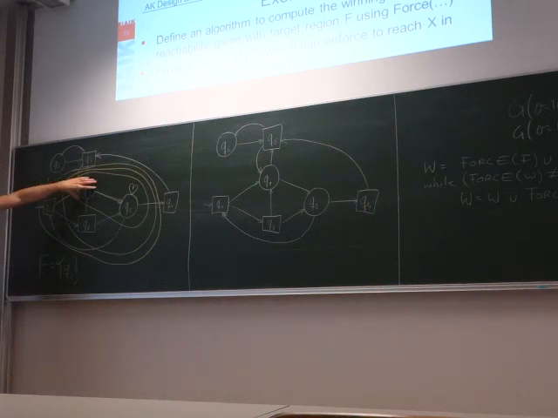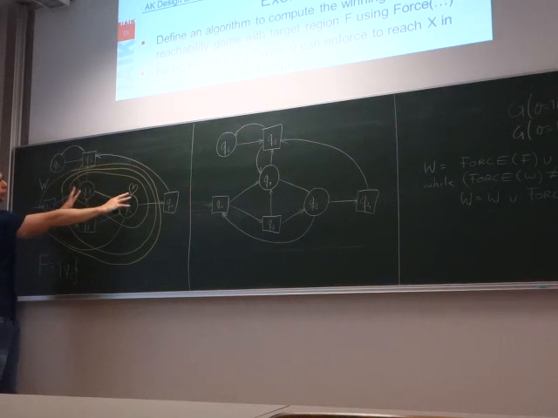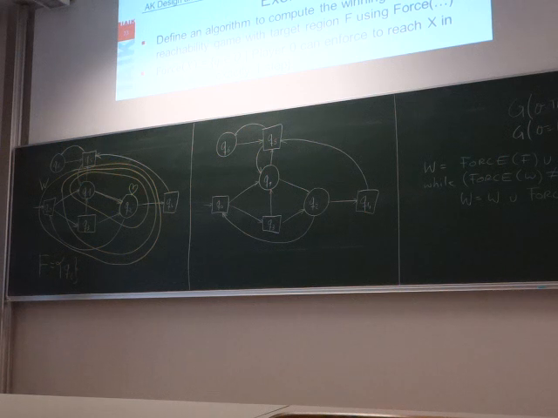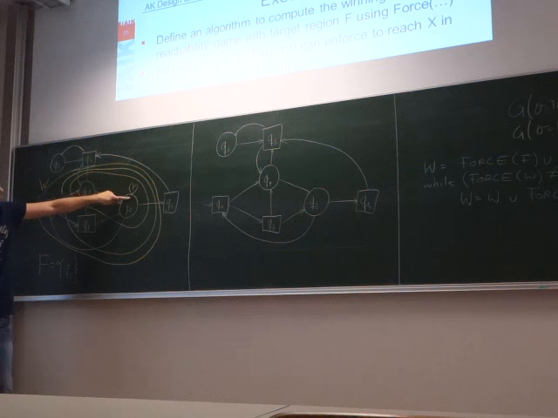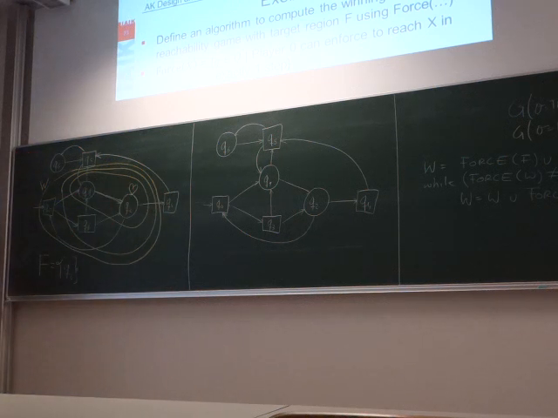And it also includes Q1 again, because from Q1 you can ensure that you end up in one of these three states. It does not include Q2, because from Q2 we will actually fall out. But still, force of W would give us 0, 1, 3. So previously we had 1, 2, 3. Union with 0, 1, 3 will give us 0, 1, 2, 3, which is perfectly fine. This is actually the winning region we are hoping for.